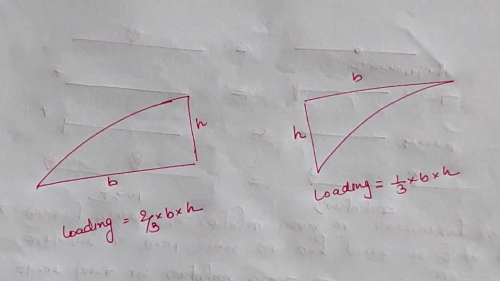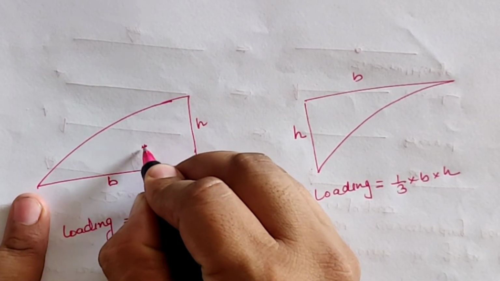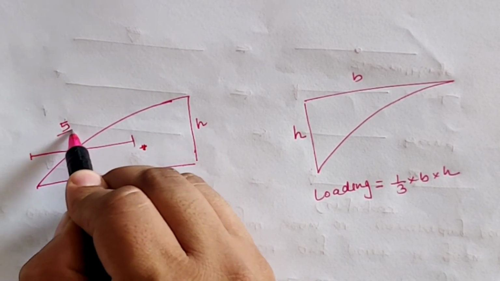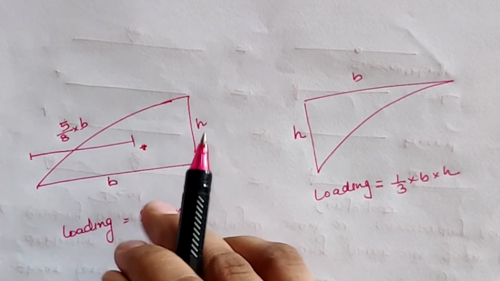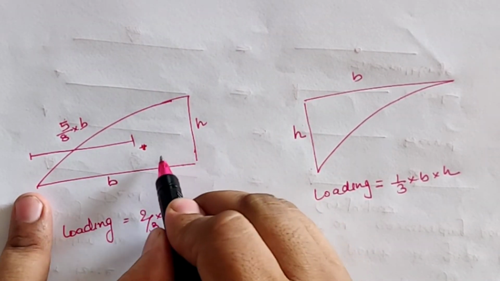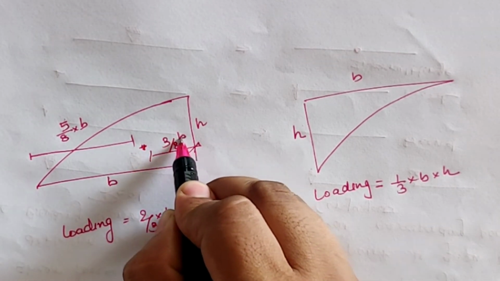Now for the moment, we have to take the CG distance. For this type of curve, our CG distance is at 5/8 of the base width, and from the height, or we can say the rate of loading, it is at 3/8 of the total base length.